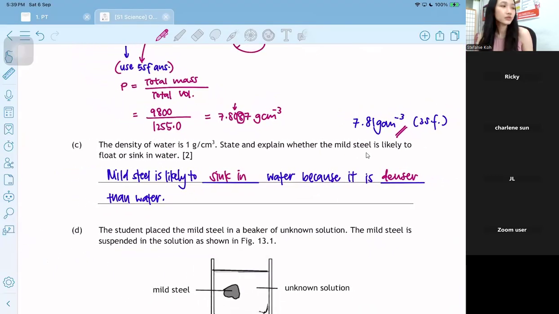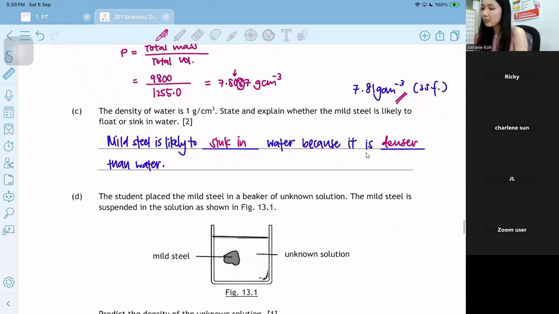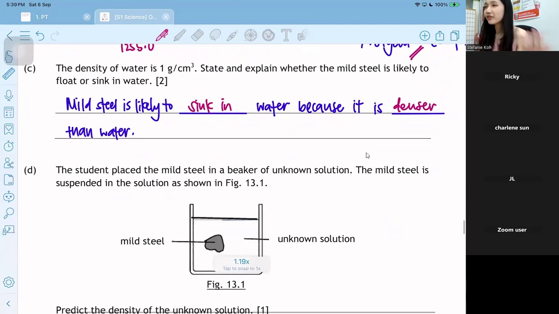The explanation: denser, it will sink. Less dense, float. Then what if it's suspended? Not sink, not float. Right? Next person we have.